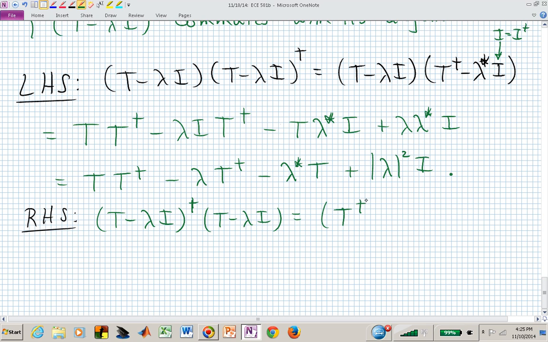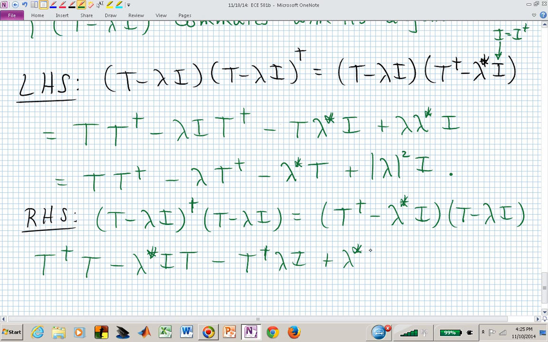We now have T dagger minus the conjugate of lambda times I, times T minus lambda I. So now we have T dagger T minus lambda star I T minus T dagger lambda I plus lambda star lambda times I.